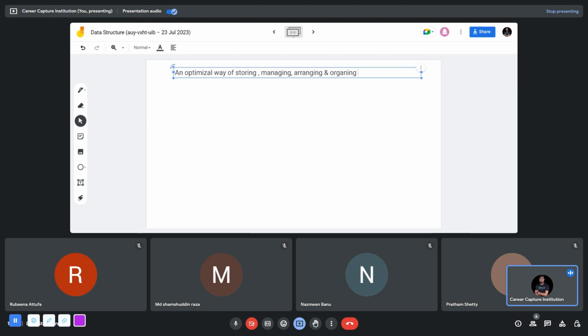O-R-G-A-N-I-Z-I-N-G, right? Organizing the data. This is the definition.